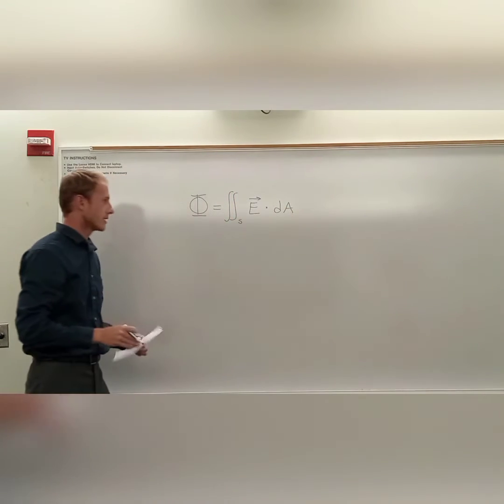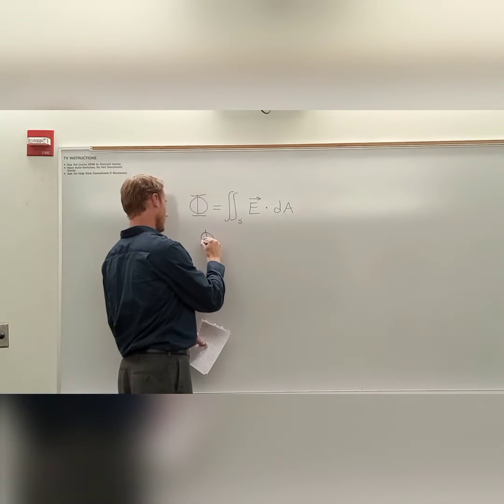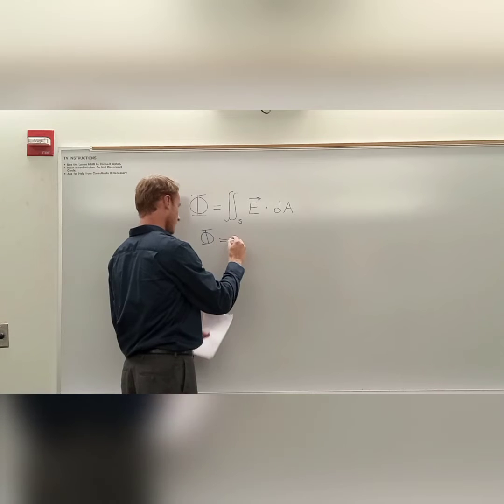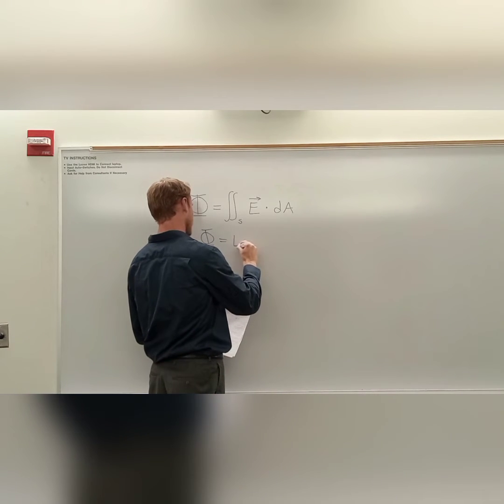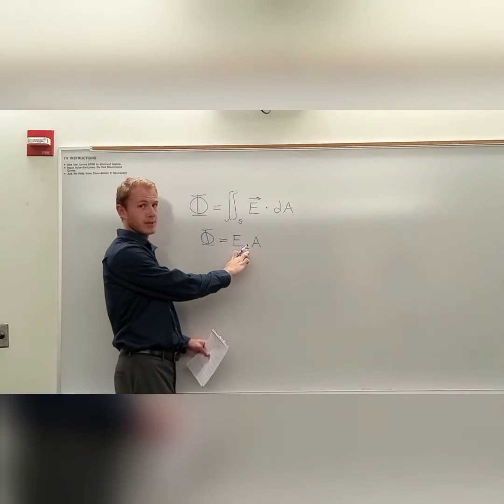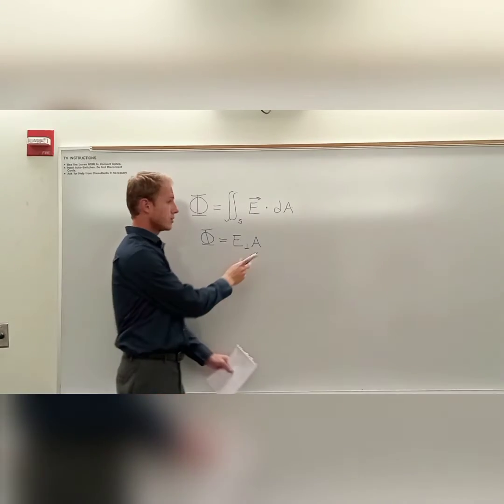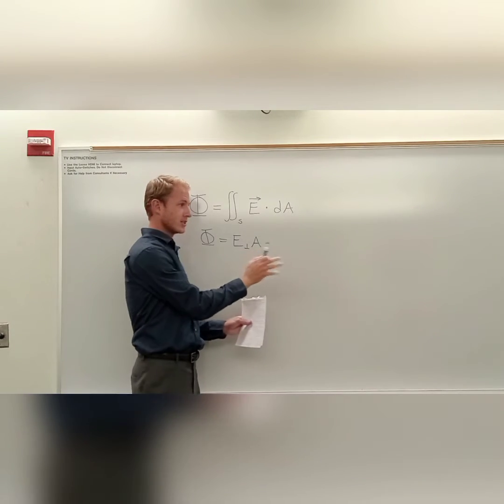So this expression for the electric flux can be reduced to phi equals the electric field times the area. And this little subscript on the electric field means it's perfectly perpendicular to the area it's traveling across.